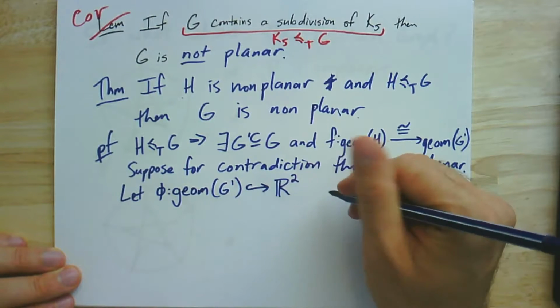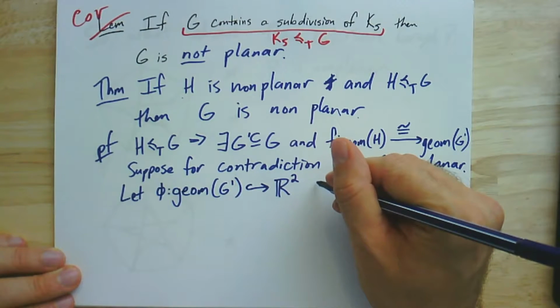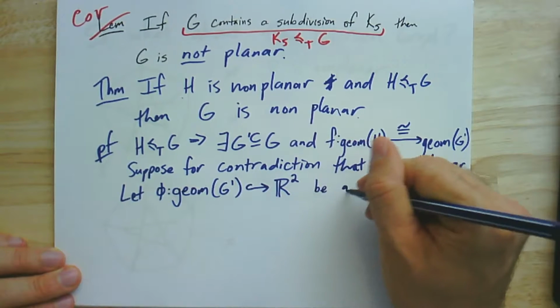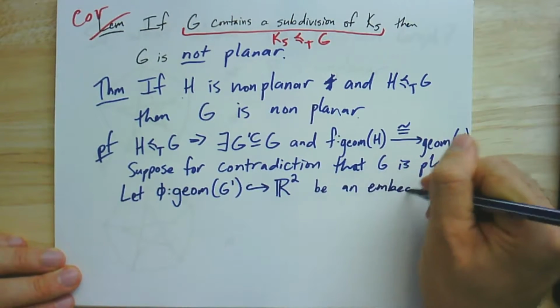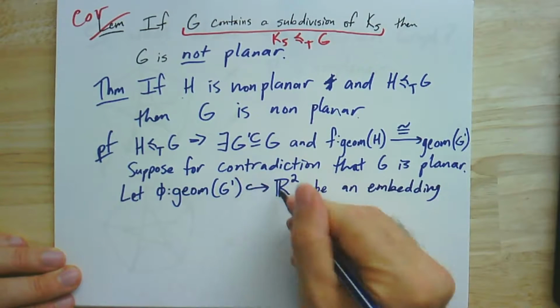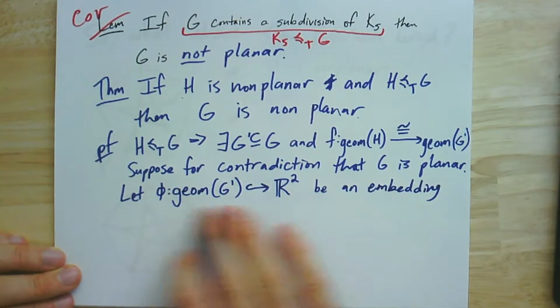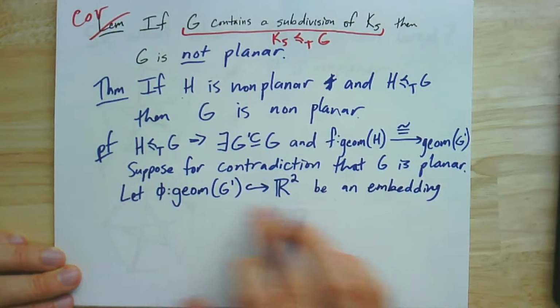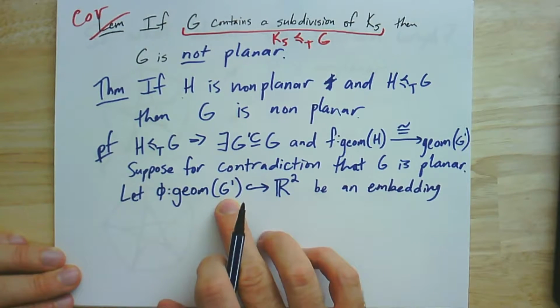So this is the embedding. So let phi here be the embedding. I drew my little hook arrow here to imply that it's injective, and therefore, as a map between topological spaces, it's injective, and therefore, this is what it means to be an embedding of a graph.